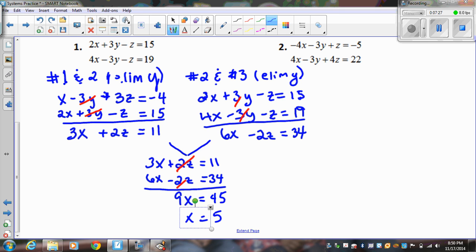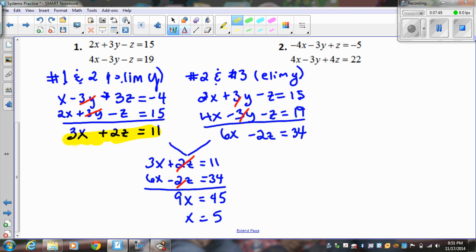Now that we know x is 5, we can substitute it back into one of the two equations that were created above. I'm going to choose to use this equation because x is just a little bit smaller here.